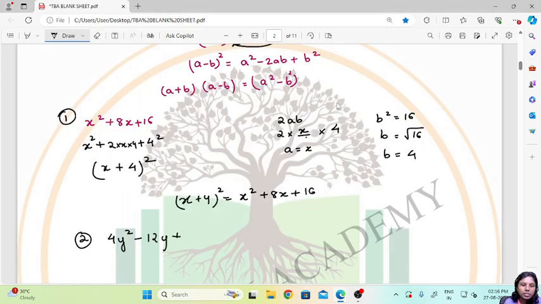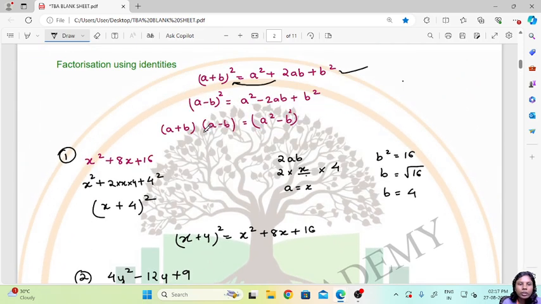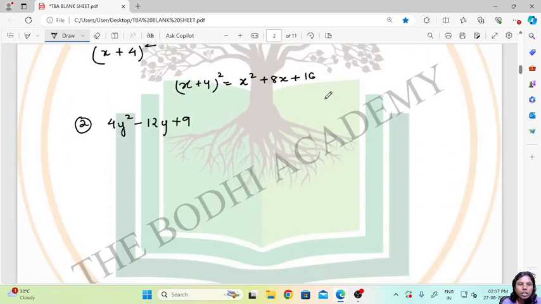Here also the identity remains the same, only we are looking at the minus sign part of it. First we find b square equals 9 here. So b will be equal to the root of 9, and the root of 9 is 3. So we found b is 3, and we write this as 3 square.